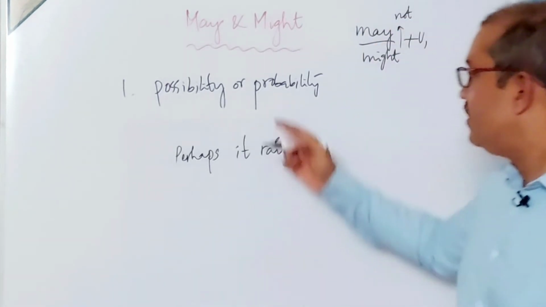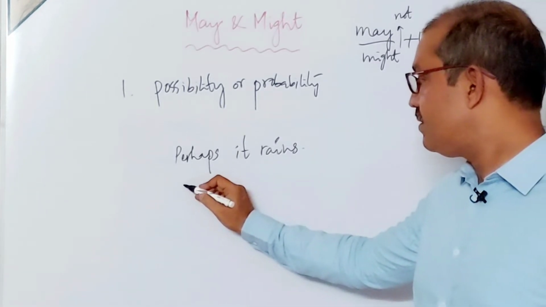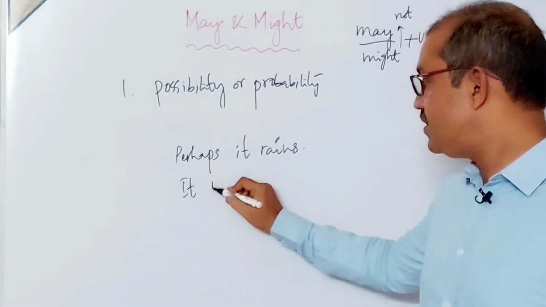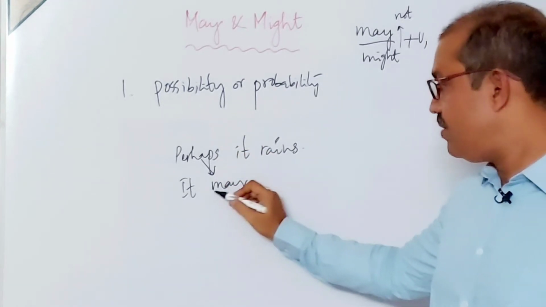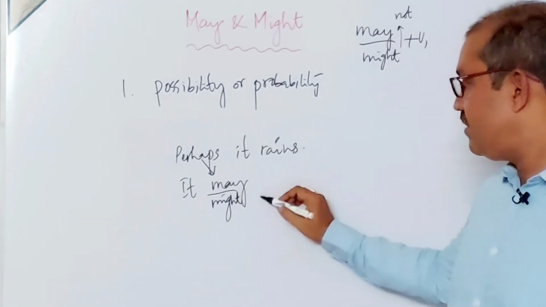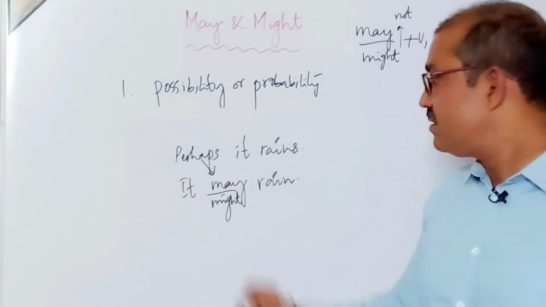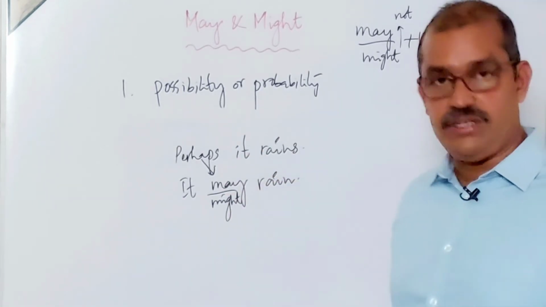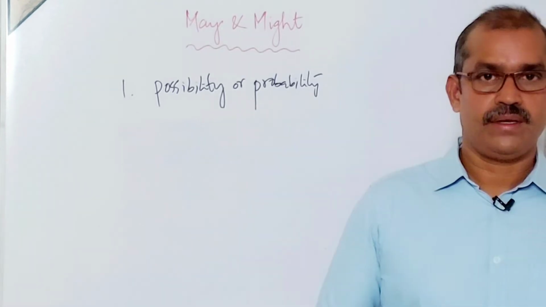Then you can say using may or might. Instead of perhaps, you can use may or might. So here V1 form is rain. Perhaps it rains. Instead of that, it may rain or it might rain, right?